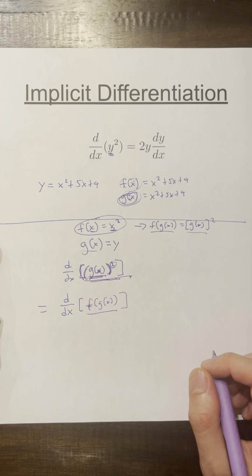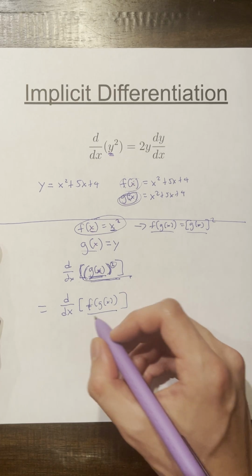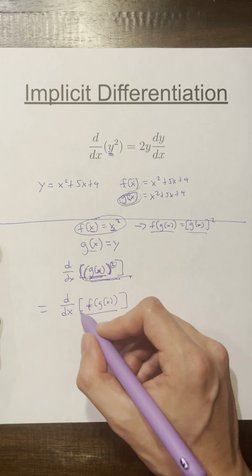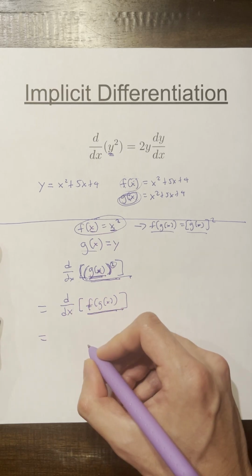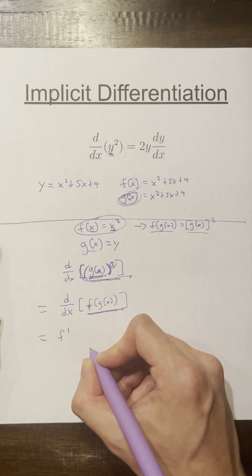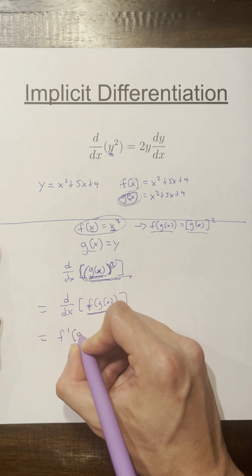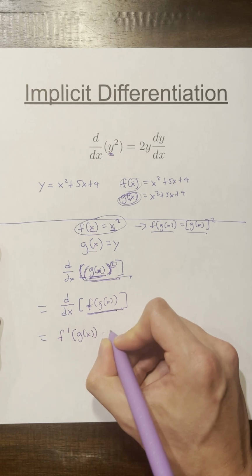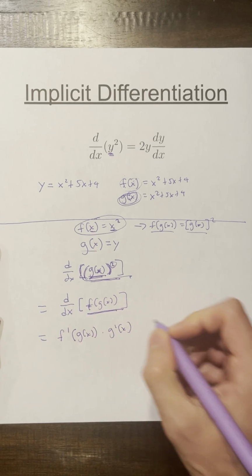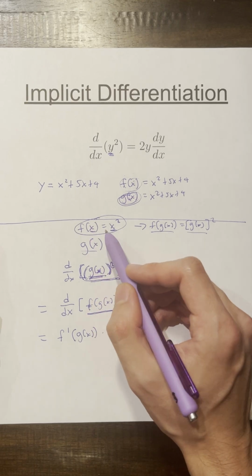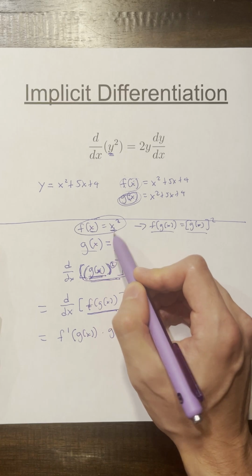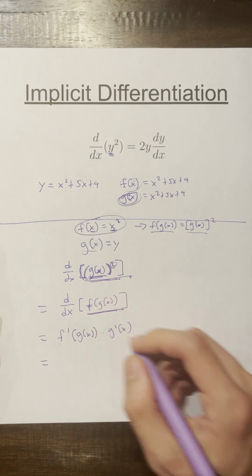Now we can apply chain rule. So the derivative with respect to x of f of g of x is going to be f prime of g of x times g prime of x. Okay. Well, if f of x is equal to x squared, what's f prime?